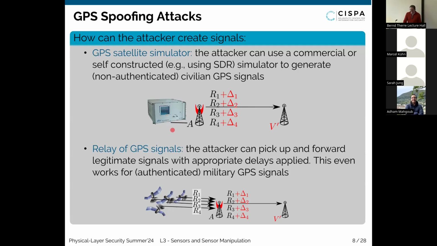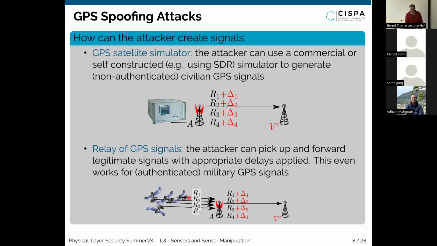Here the attacker would just generate their own GPS signals, because it's publicly known how to construct them. You just have to have the radio equipment to do it. The second option would be slightly more stealthy, or more clever, I would say. Somehow the attacker has a way to record legitimate GPS signals separately for each of the satellites in the environment, and then replay them again with a time offset applied to them.